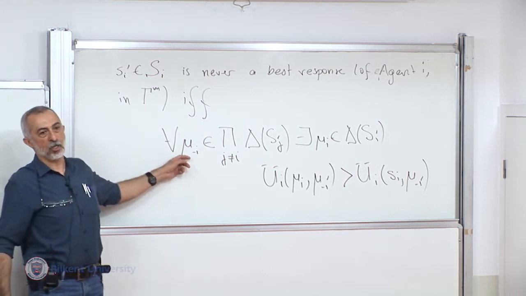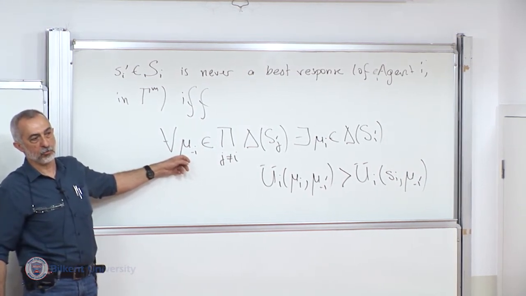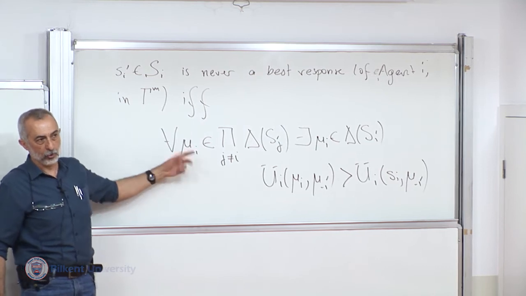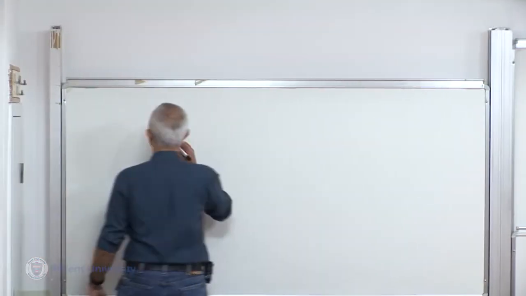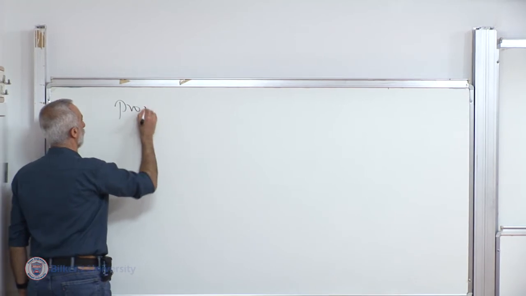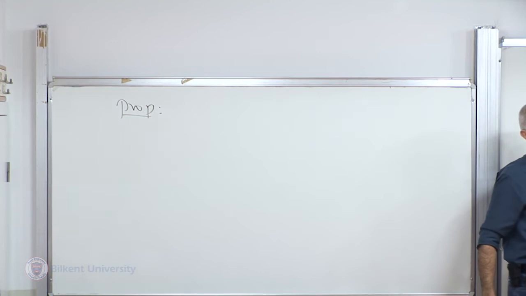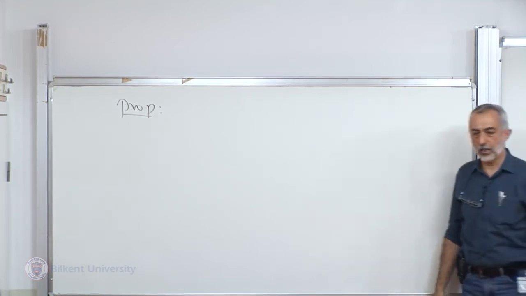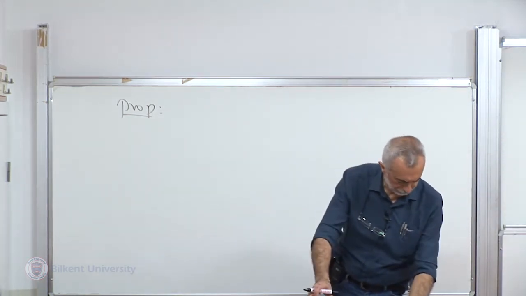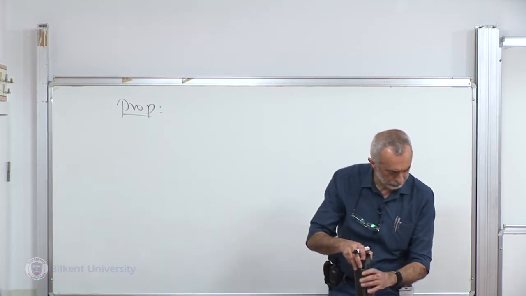we do not have to check for every mixed strategy profile of the opponents. All we have to do is, proposition, all we have to do is check it against pure strategy profiles of the opponents.